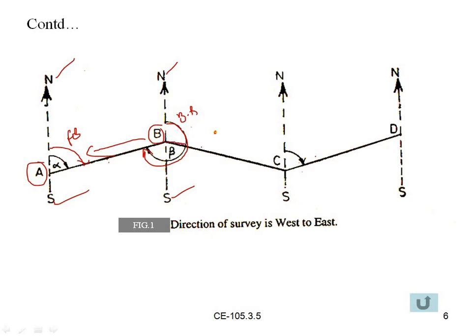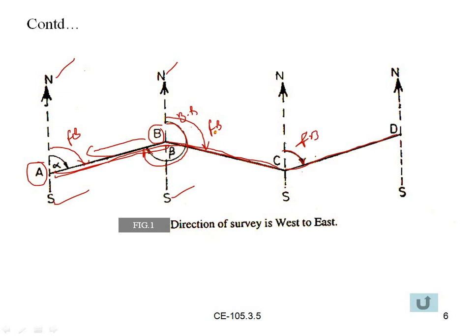And again, A to B is completed. Now B to C, the direction there is again the forebearing. And from C to D, it is called forebearing.